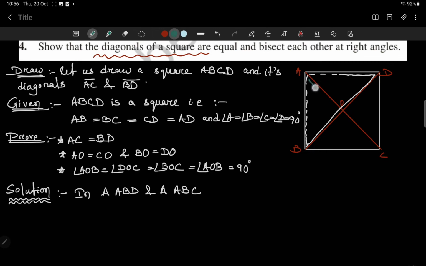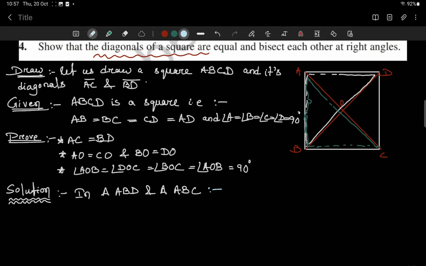ABC means this one. Here you have to prove that AC equals BD.